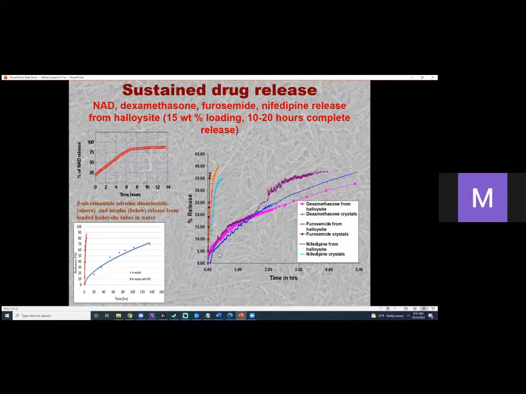So we can see that initially the burst is somewhat large, not a lot, and then it stabilizes and continues over a long period of time. It could be 10 to 24 hours or multiple days, depending on how the formulation was constructed.